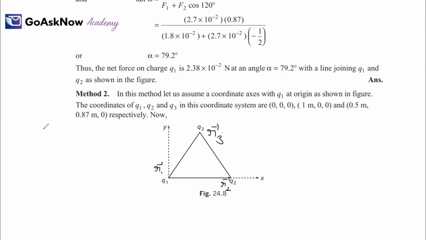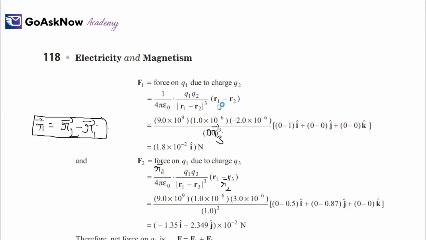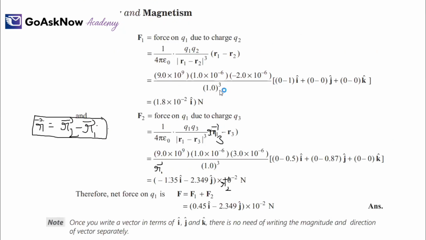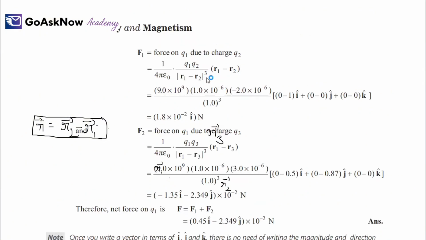Because you already know that the resultant position vector r is r2 minus r1. Okay, you have studied this already in 11th class. That is why it is written like this, r2 minus r1. So you can take r2 minus r1 or r1 minus r2, both are the same, with the whole cube. So you will get the answer as 1.8 into 10 power minus 2 i cap Newton. This i cap shows the direction of the F1 force, that is the positive x direction.